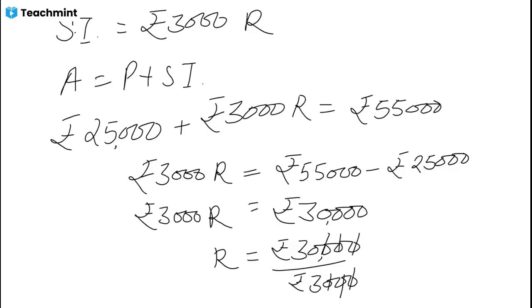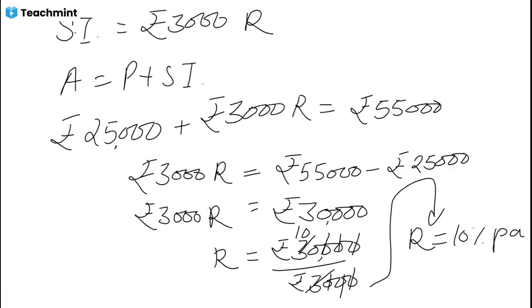We are using the equation rule here to simplify. Are you getting? Yes. So R is here 10% per annum. Got it? Yes, ma'am. Okay.